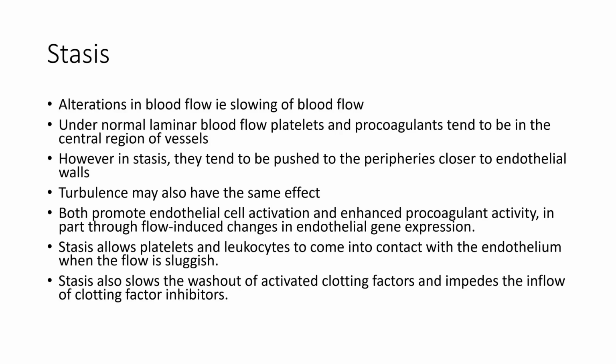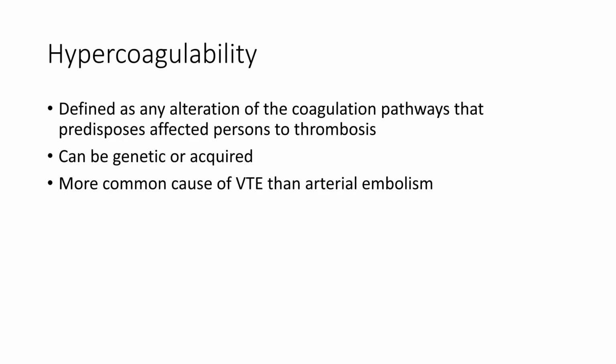The final factor is hypercoagulability. This is defined as any alteration of the coagulation pathway that predisposes affected persons to thrombosis. This can either be genetic or acquired, and it's a more common cause of venous thromboembolism than arterial embolism.